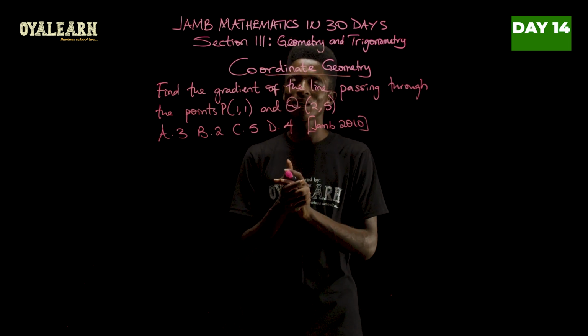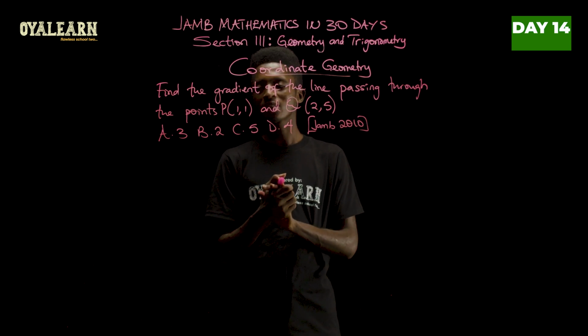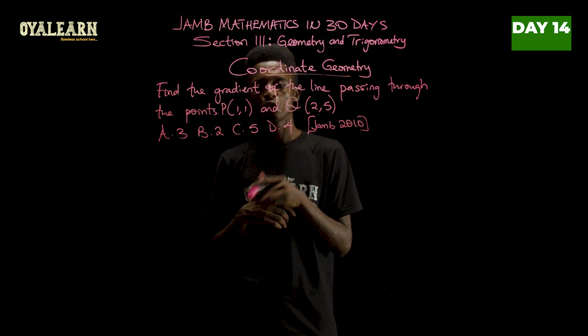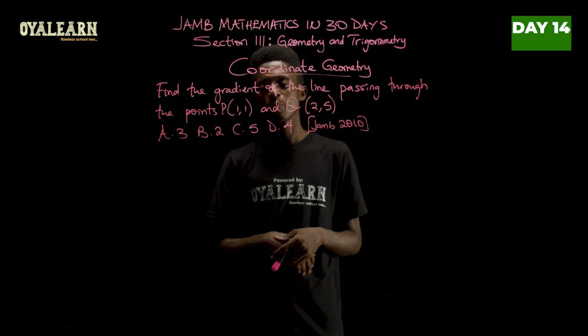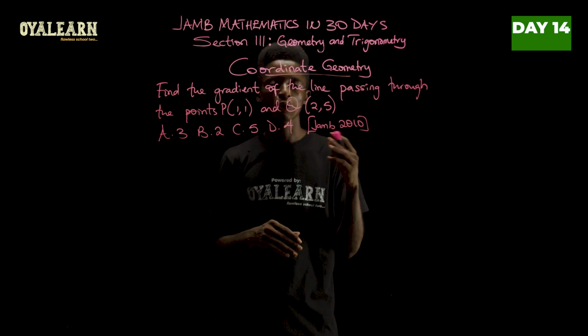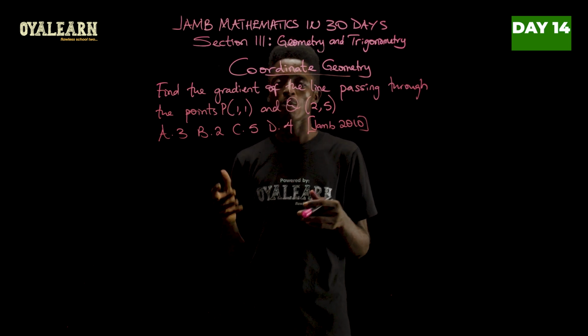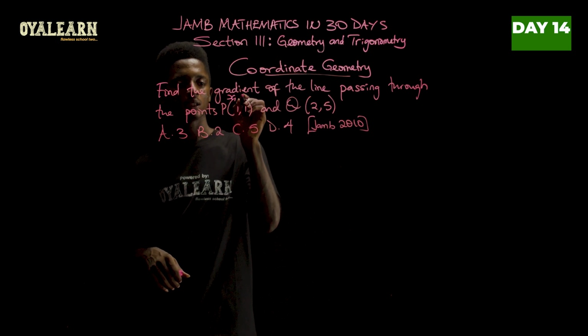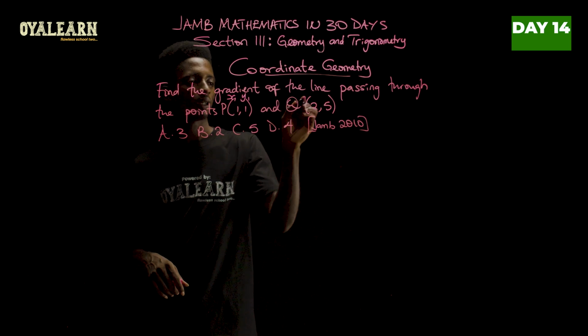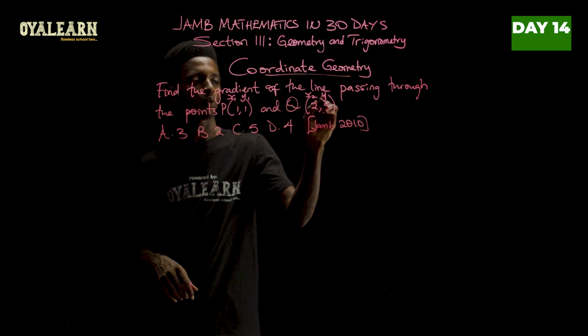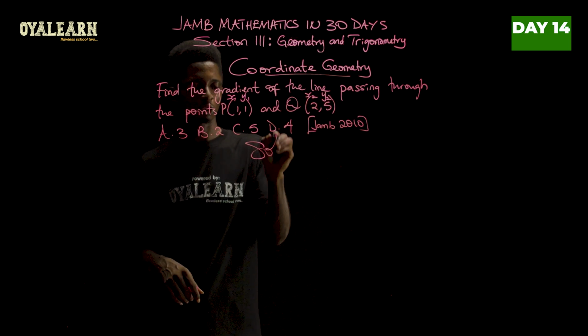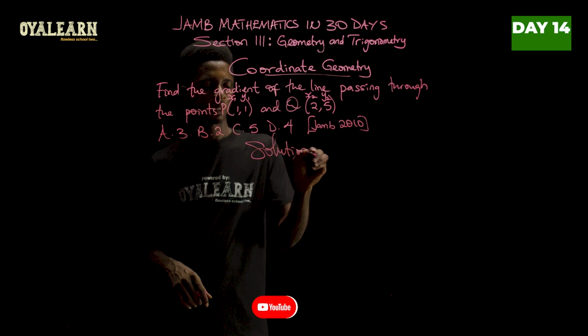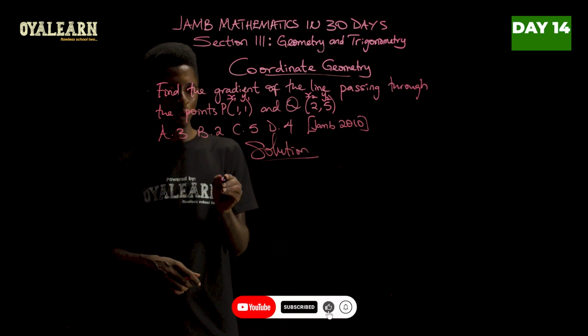This question asks that we find the gradient of the line passing through the points P and Q. And the coordinate of point P is 1, 1, while the coordinate of point Q is 2, 5. And as we always do, this would then be x1, y1, x2, y2. So, solution. The gradient is also known as slope.